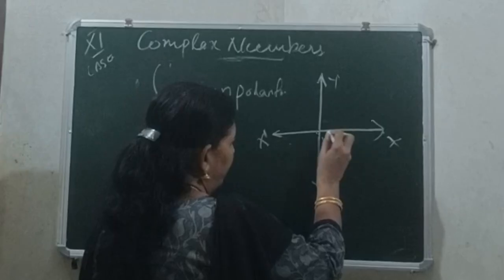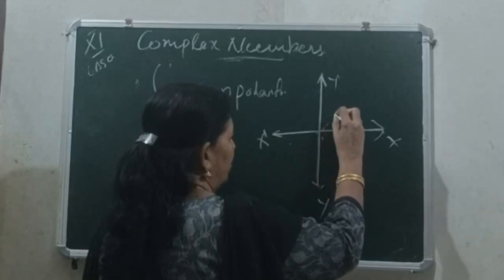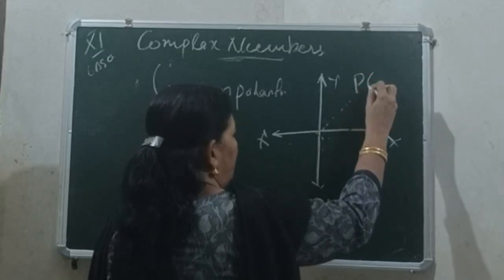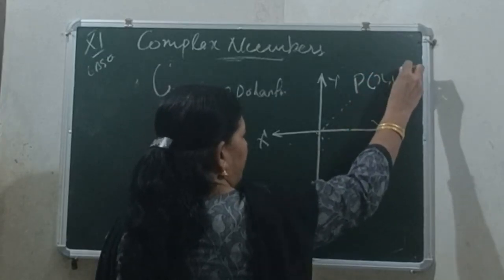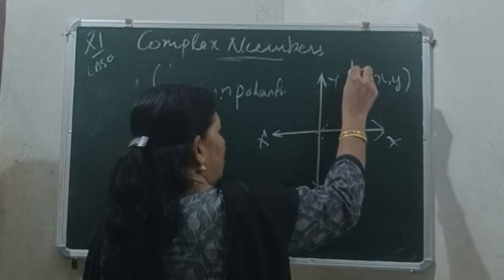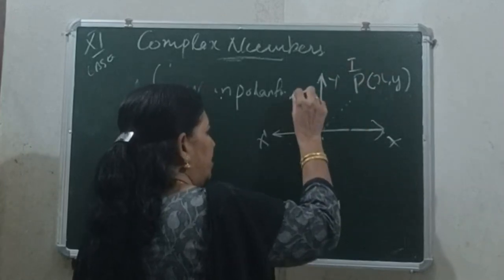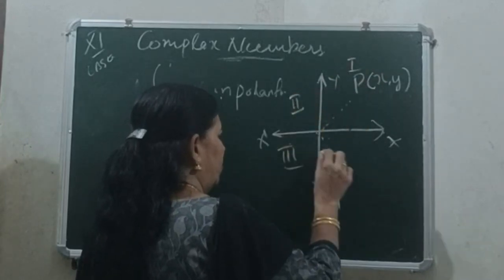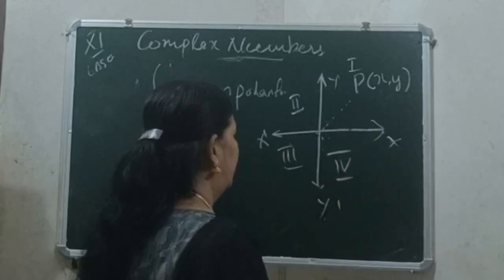Then consider a point P(x, y) in this plane. This is the first quadrant, this is the second quadrant, third quadrant and fourth quadrant.